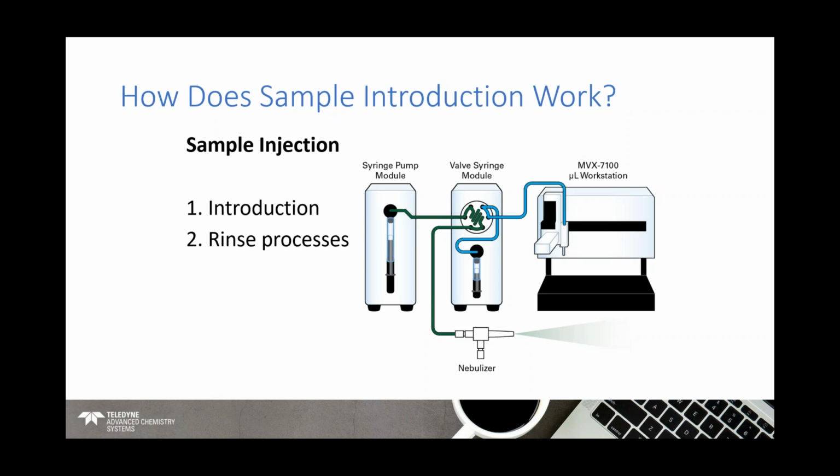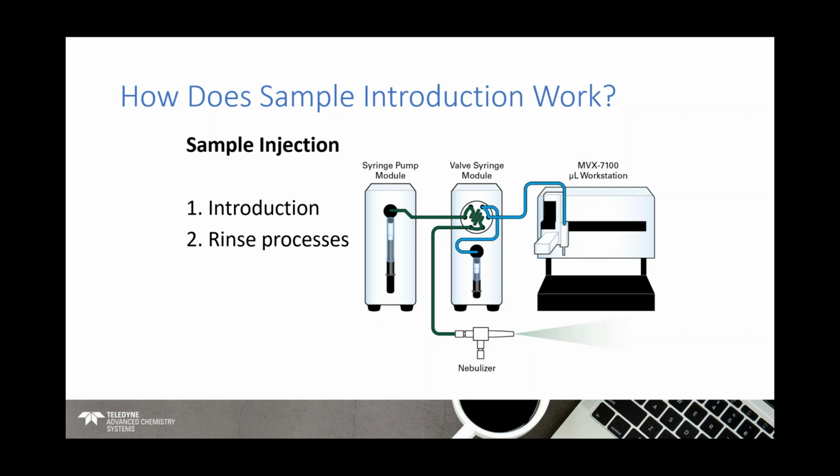If you've got analytes of known memory effect, you can configure the washout to make sure you flush out and rinse out any contamination, any background from that line before the next sample. So that's how the system works.